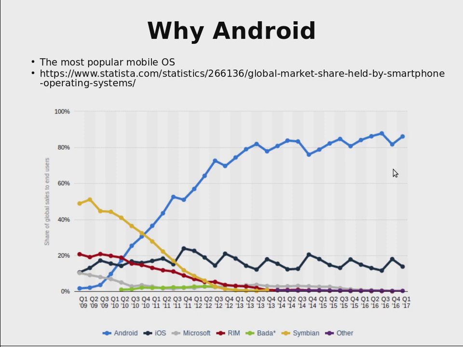It depends on how you look at computers. If you count mobile devices like phones and tablets as computers, then Android is the most popular operating system in the world.